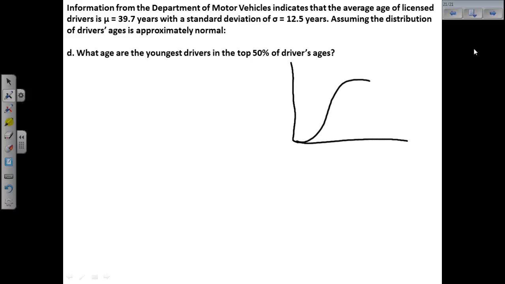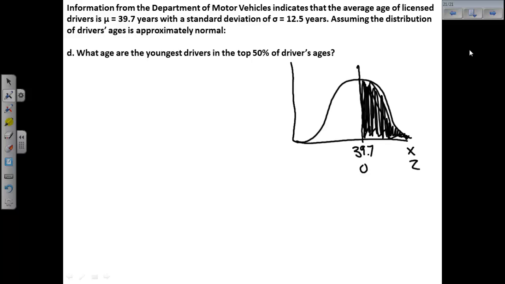So let's draw our distribution again. The mean is 39.7, and we want the top 50%. So remember, the mean separates the top 50% from the bottom 50%. So what age are the youngest drivers in the top 50% of the distribution?